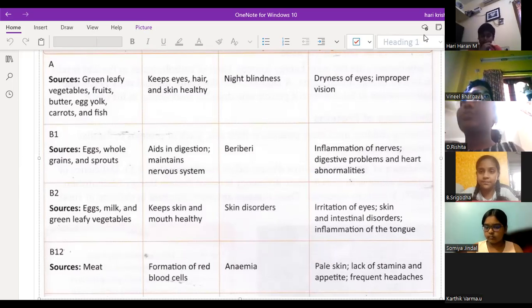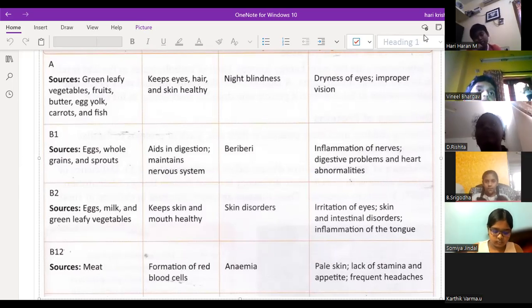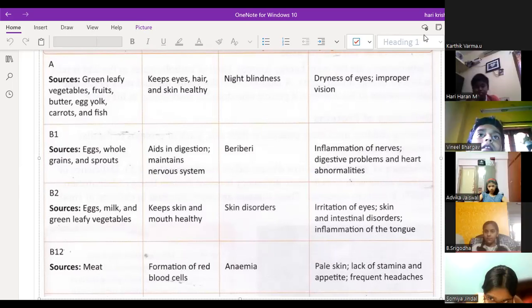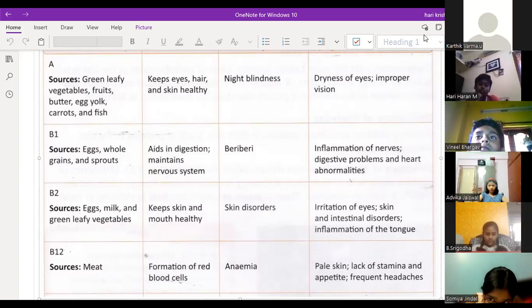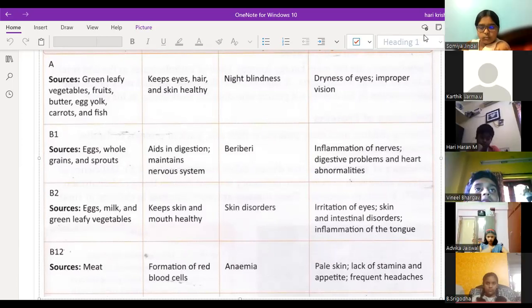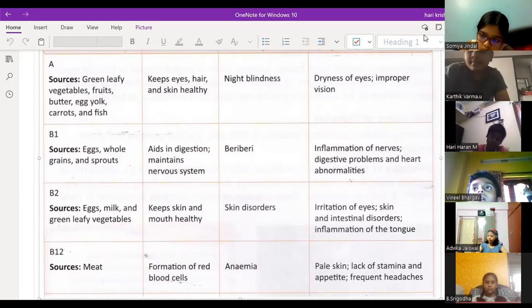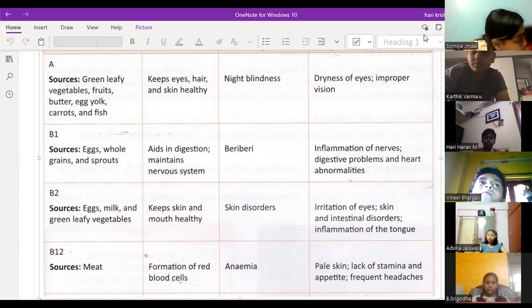Sir, I have net issues if I turn on my camera. No problem, you can just turn it on and close it off. Sir, I'm Vedant, sir. Can I tell? First, Hariharan. What is the answer, Hari?